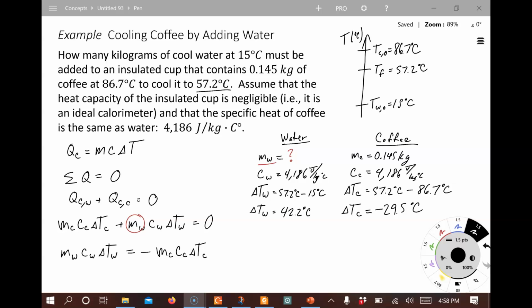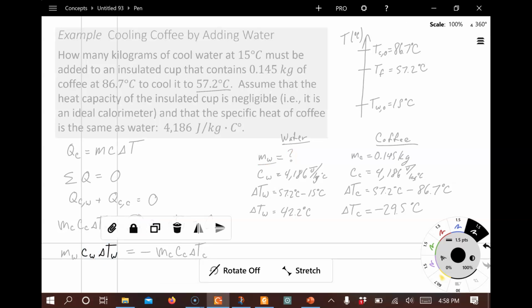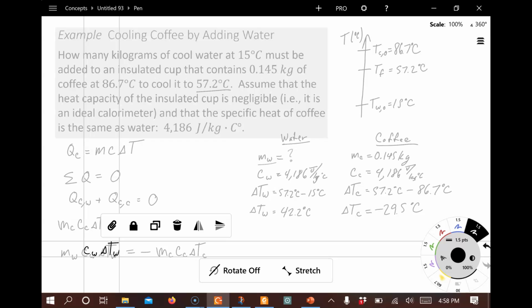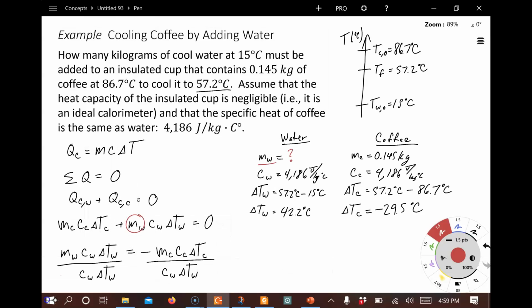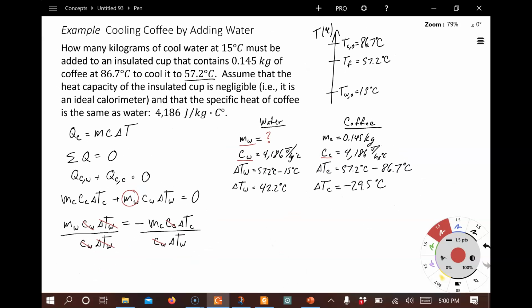And finally, we want to solve for the mass of the water, so let's divide both sides by this term here. Of course, these cancel out. We're left with the mass of the water. And in fact, since the specific heat for coffee and water are the same, those will also cancel out. And we're going to be left then with this.